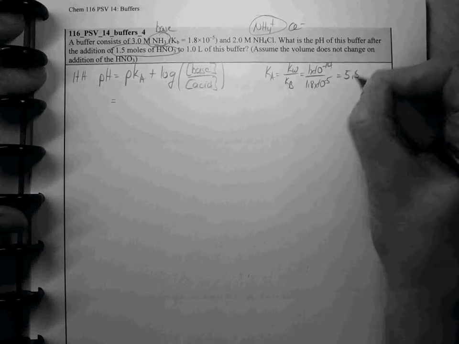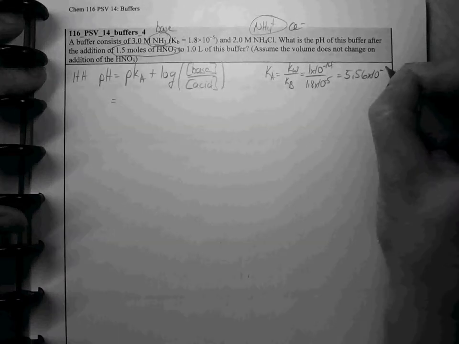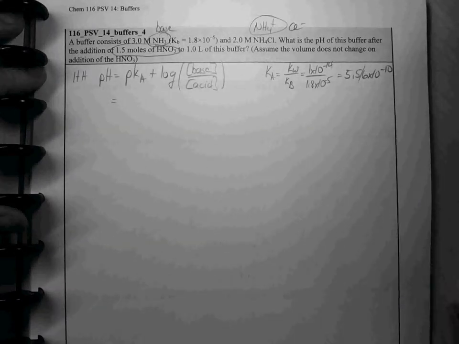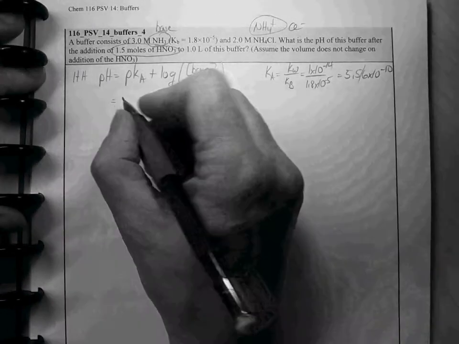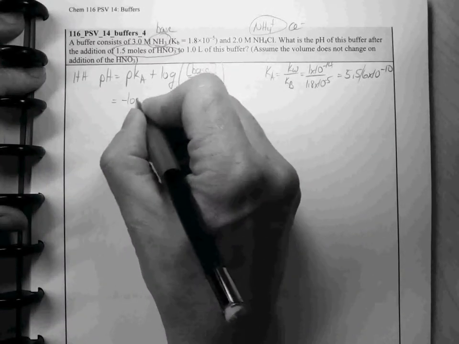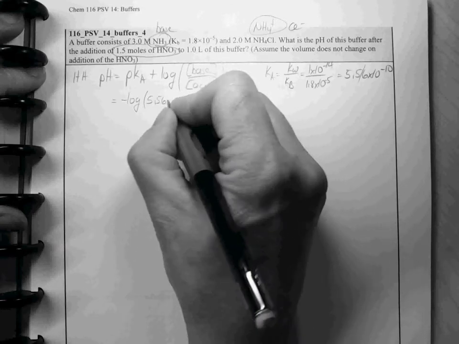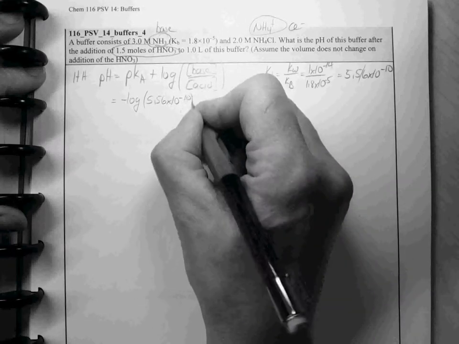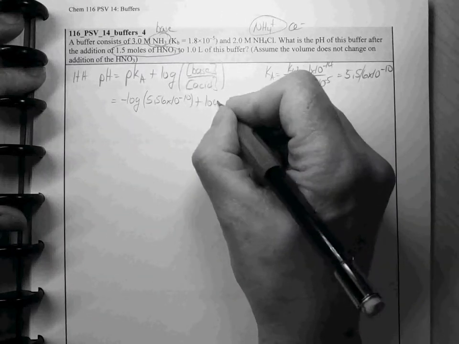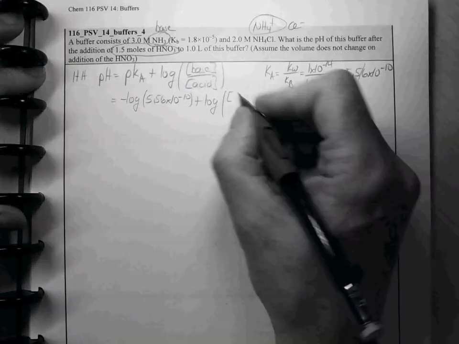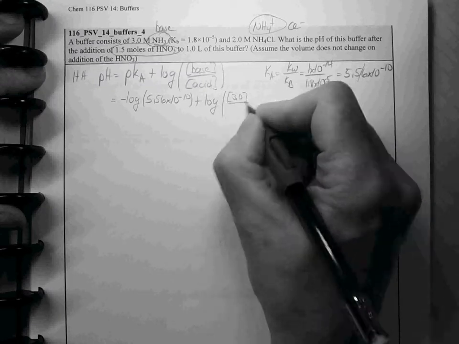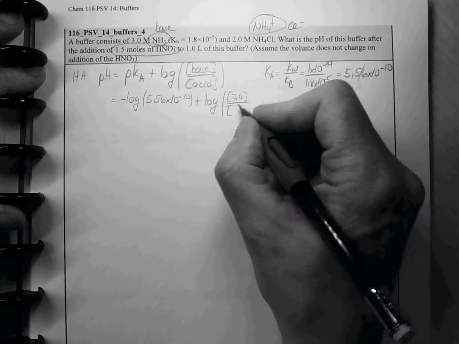So you get 5.56 times 10 to the minus 10 with 2 sig figs. So we have the negative log, plus log. Our base again is ammonia, and the concentration of our base is 3 molar. Concentration of our acid is 2 molar.